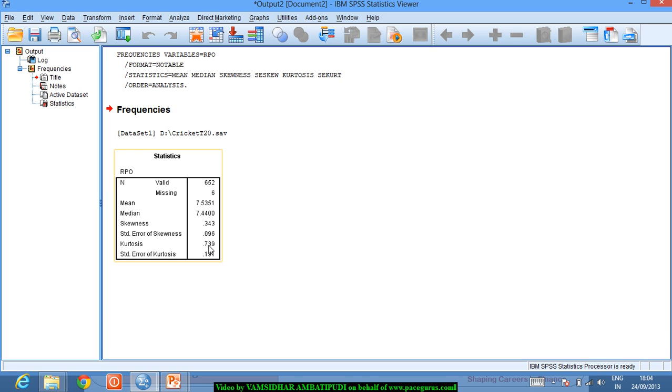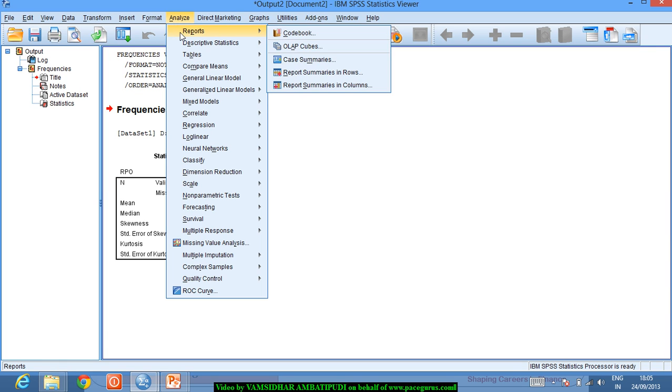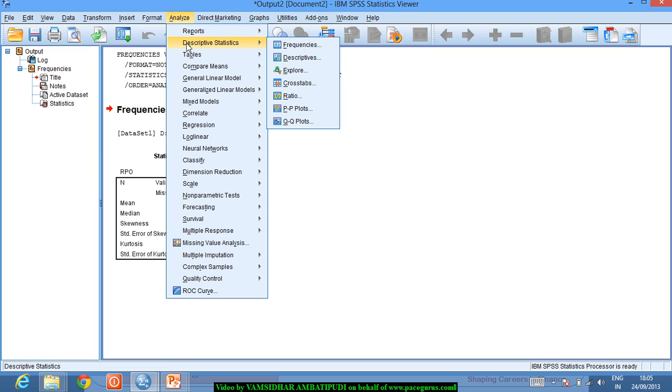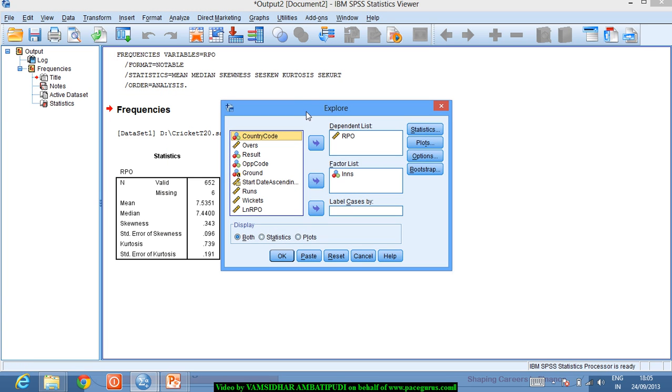For that purpose, I'll use the exploratory data analysis. If I have to do that, what do we need to do? We get into Analyze, Descriptive Statistics, and I get into Explore. Explore is the exploratory data analysis part.